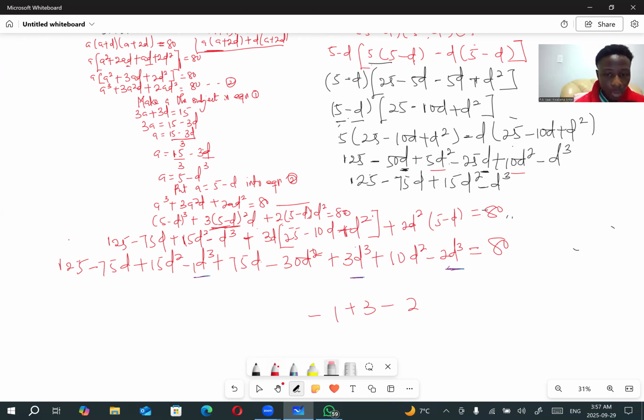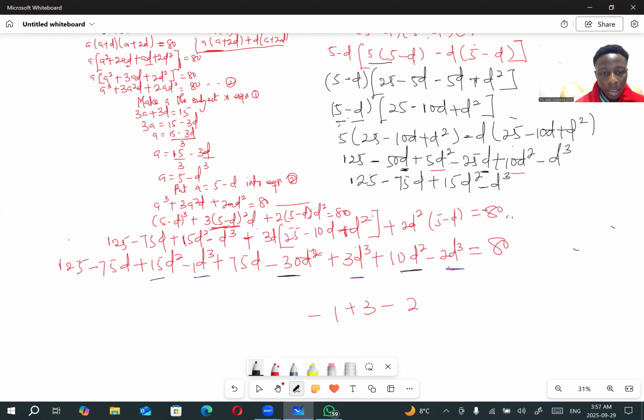Let's move on. Let's come to d squared. I'll use a black ink. So we have d squared here, we have d squared here, right? We also have d squared here. We are done. 15 plus 15 minus 30.